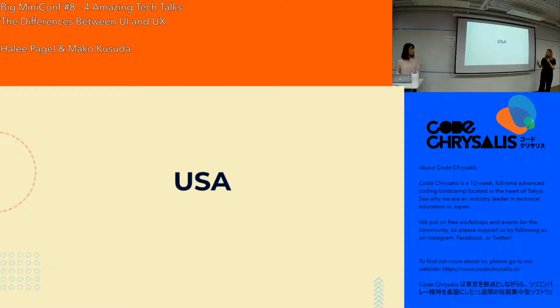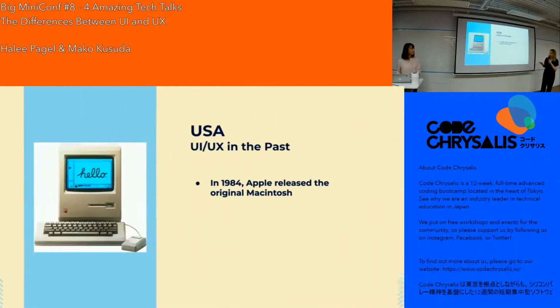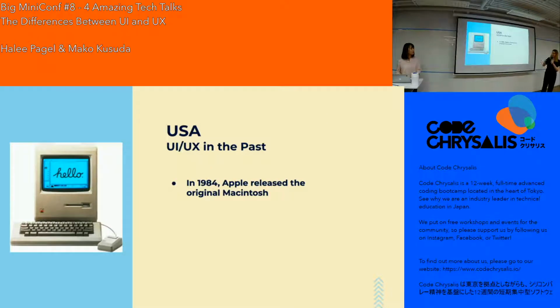Thank you, Mako. And now I'll take a look at the history of UI and UX in the USA. So we have an image here of the original Macintosh home computer. It was released in 1984, and to our modern day eyes, this computer looks, frankly, pretty basic, but at the time, it was revolutionary because it came with a graphical user interface, it had a built-in screen, it came with a keyboard, and most revolutionarily, it came with a mouse.